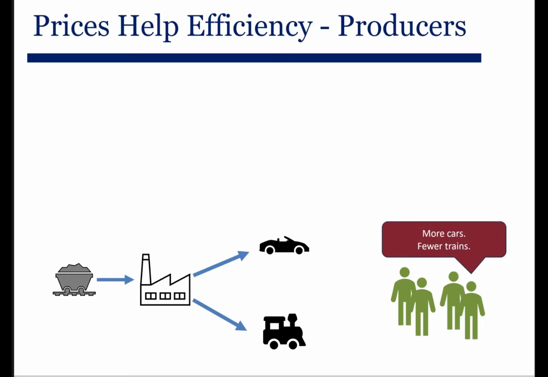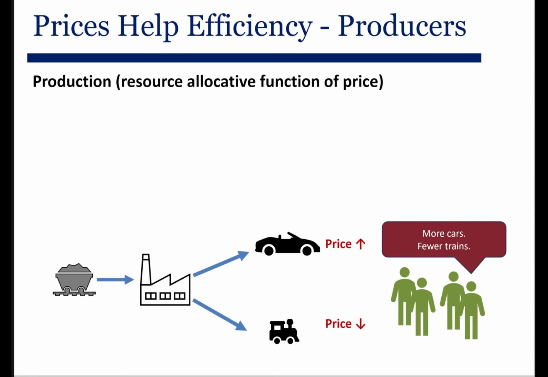They want more cars, fewer trains, and they are expressing that with the willingness to pay more for cars and less for trains. This price expression is noticed and felt by the producer, who responds by making more cars and fewer trains. So the price, in terms of production, helps allocate resources in terms of which goods are produced.